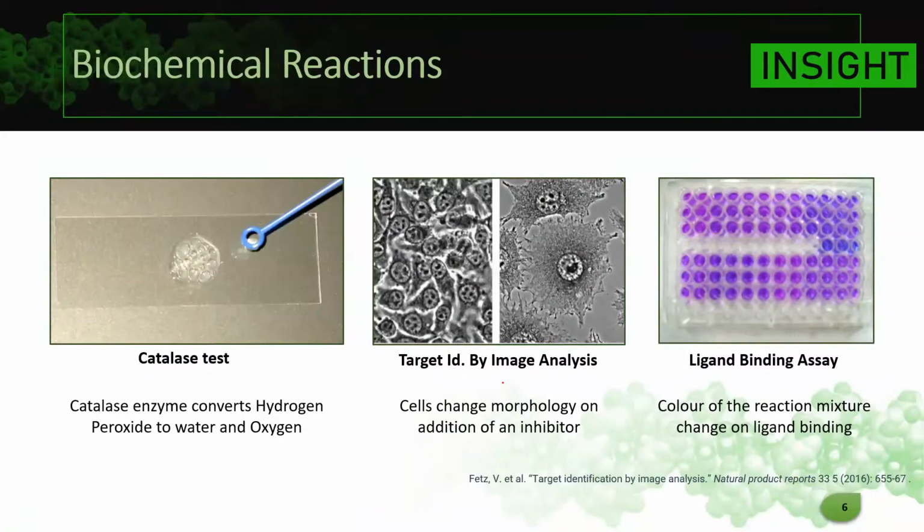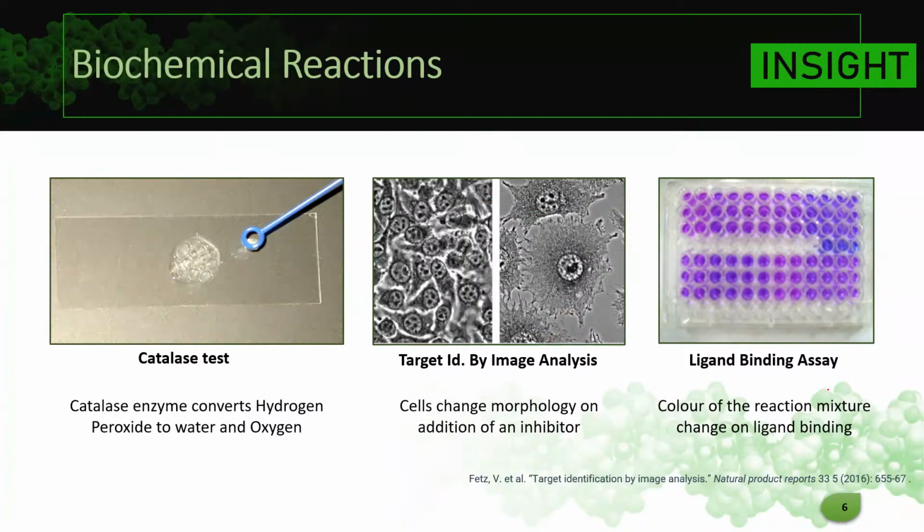There is another test over here where we are performing target identification by simple microscopic imagery. In this case, you can see that we are using a very specific inhibitor for a target, and to understand that the target is present, we can see the cells before the treatment and after the treatment, and we can see there will be a huge change in the morphology depending on what kind of target has been chosen. So microscopic imagery is another way of identifying these things.